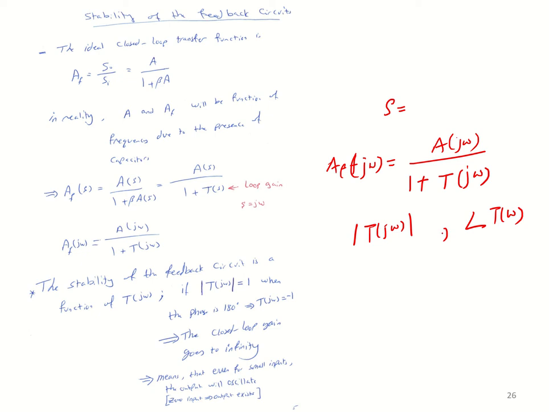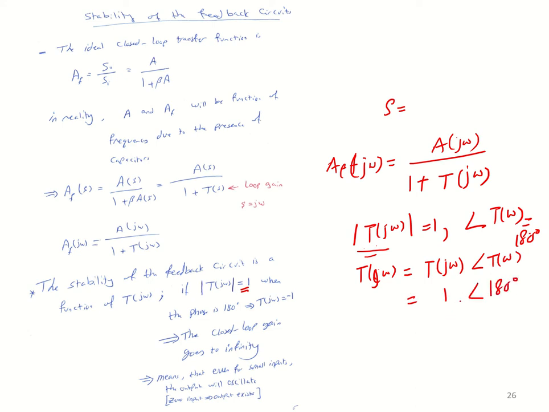Now, for example, let's assume the magnitude of the loop gain is 1 and its phase is 180 degrees. So the transfer function is the magnitude and its phase: magnitude is 1, phase is 180 degrees.